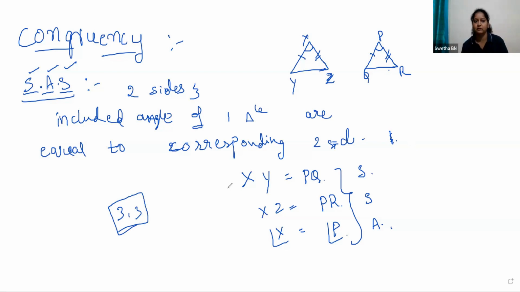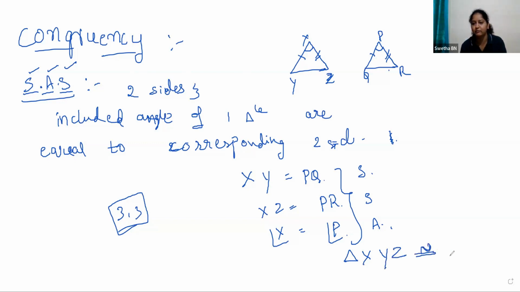Shreya, Panchami? Yes, ma'am. Are you understanding? So no need to measure all the six elements. So by measuring three elements, we can say whether they are equal or not. So here we have proved two sides and included angle are equal. So we can say that triangle XYZ is congruent to triangle PQR.